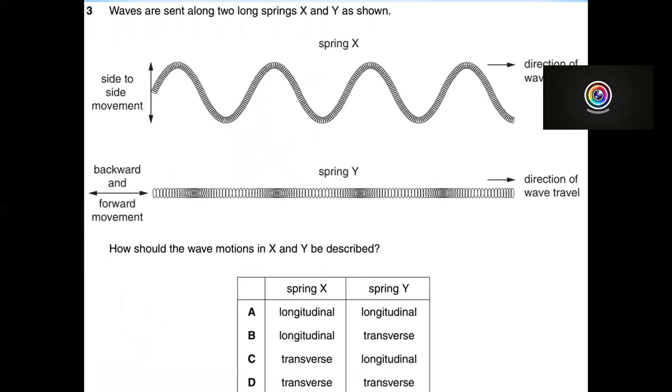Another question. Waves are sent along two springs, X and Y, as shown. How should the wave motion in X and Y be described? Attempt the question and send me the answer.